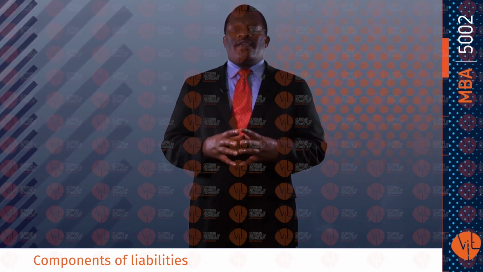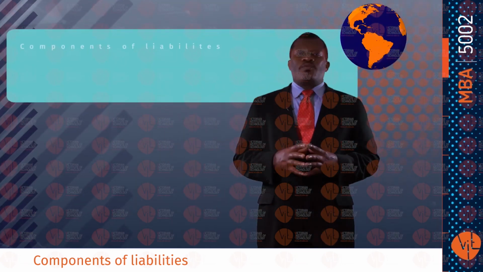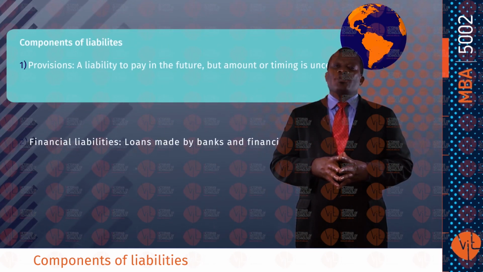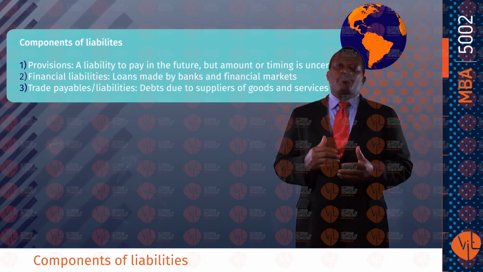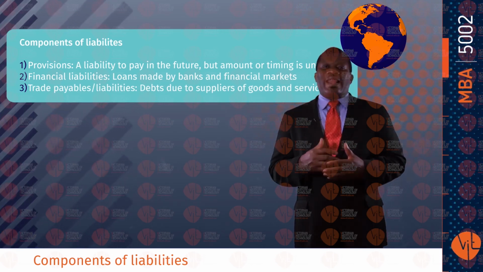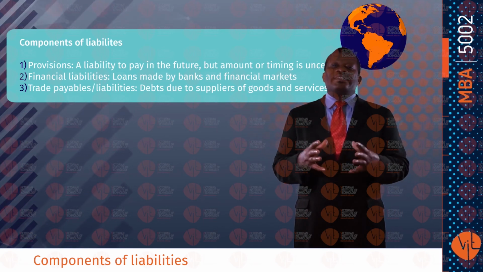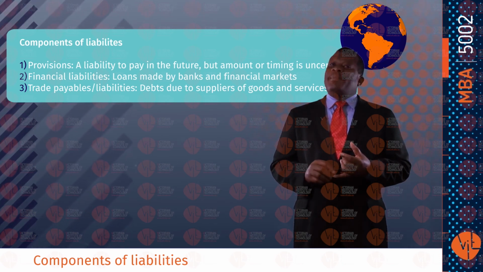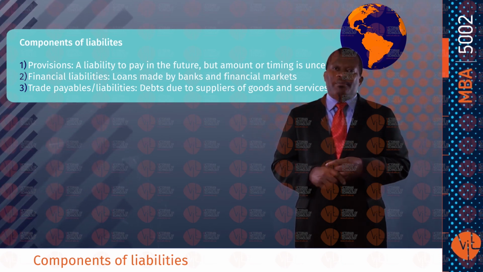Now, the liability has got three main components. The first one is what we call provisions. Now, provisions are liabilities that have been set aside for which the amount and the time is not certain.